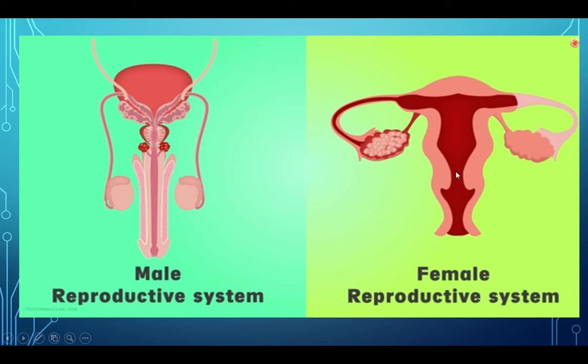Then the lowermost part of the uterus is the cervix, and then a narrow muscular tube-like part is called the vagina. This vagina receives the sperm, and also during childbirth the child expels out through the vagina only. This is about the female reproductive system.